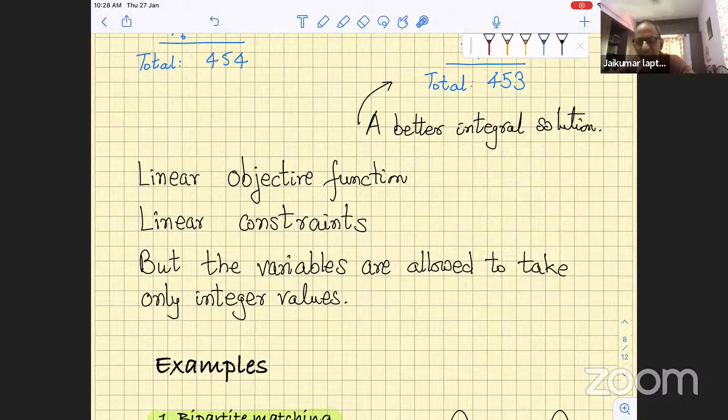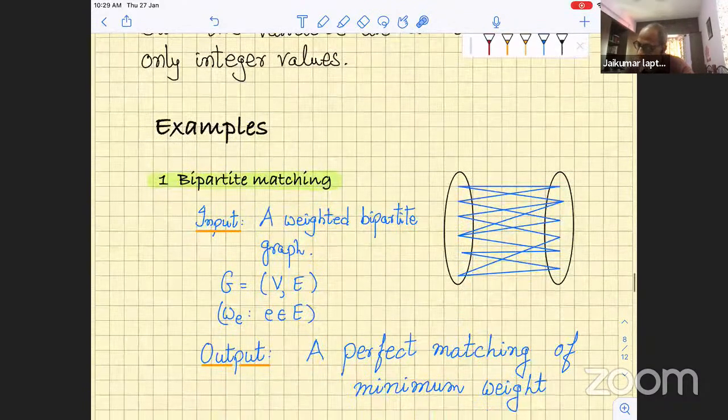So we wanted the number of rolls of a certain pattern to be a whole number. So when we impose things like this, we get what are called integer linear programs, where the variables are restricted to take integer values.